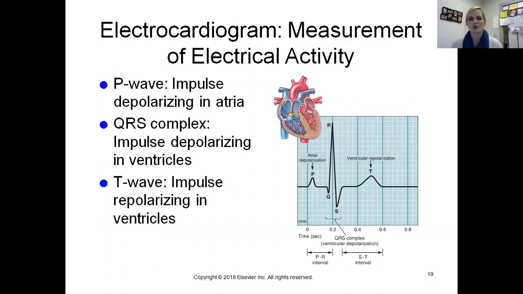So right now you don't need to worry about the P wave versus the QRS and the T wave, but it shows the process of these contractions taking place and how that signal is being sent. That's what an ECG will do. So just know that that's how we measure our heart's conduction system, through an ECG.